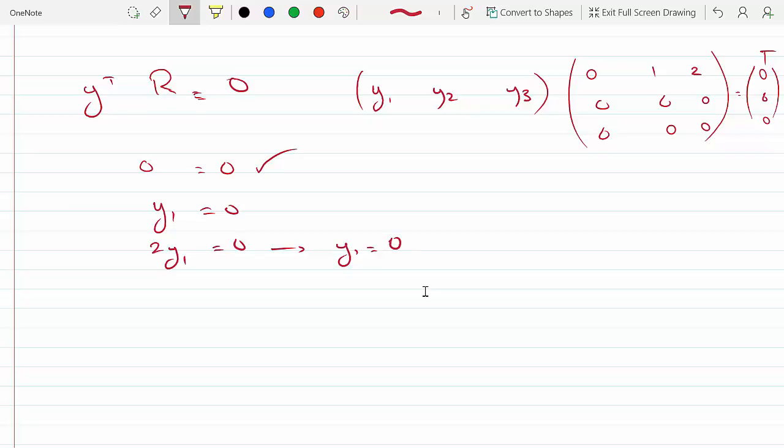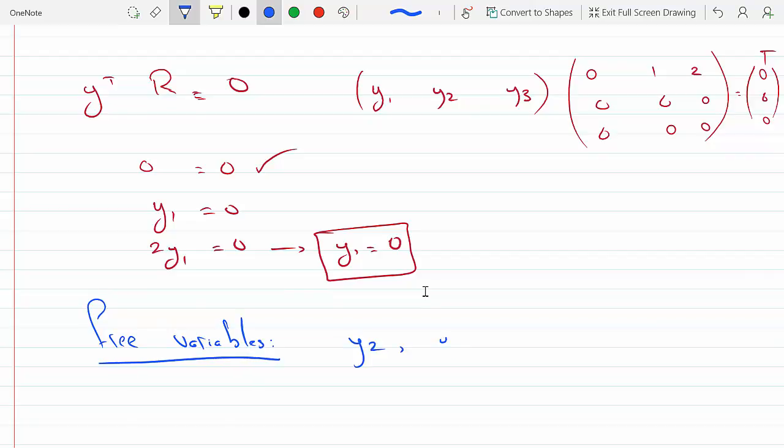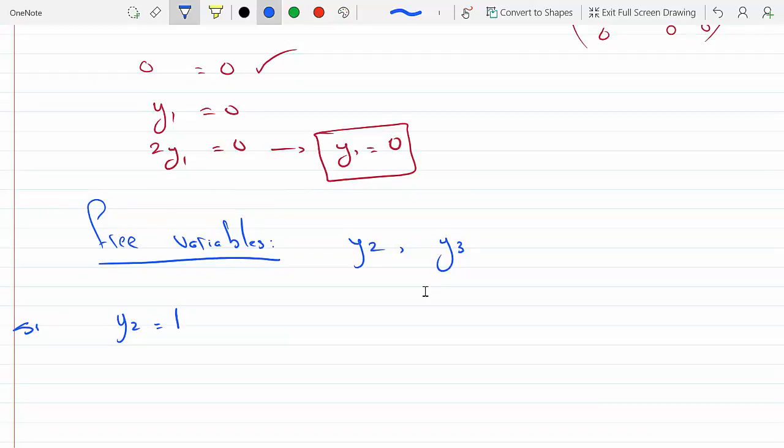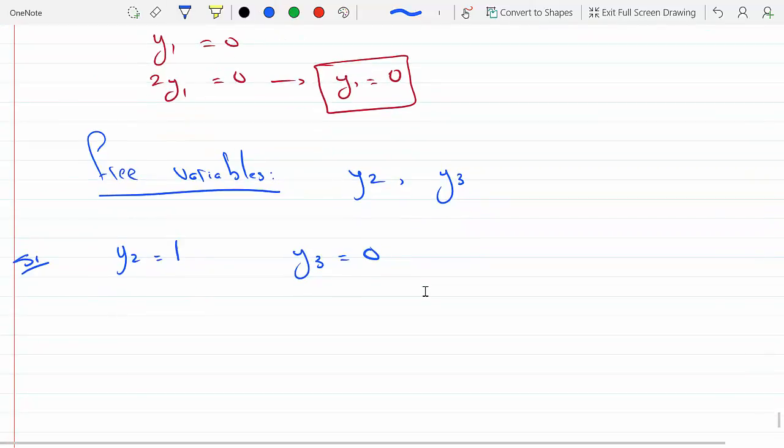So that means I have two free variables. Since I have a definite answer for y1, the free variables are y2 and y3. Why don't I set y2 to be 1 and y3 to be 0, the same strategy I used.